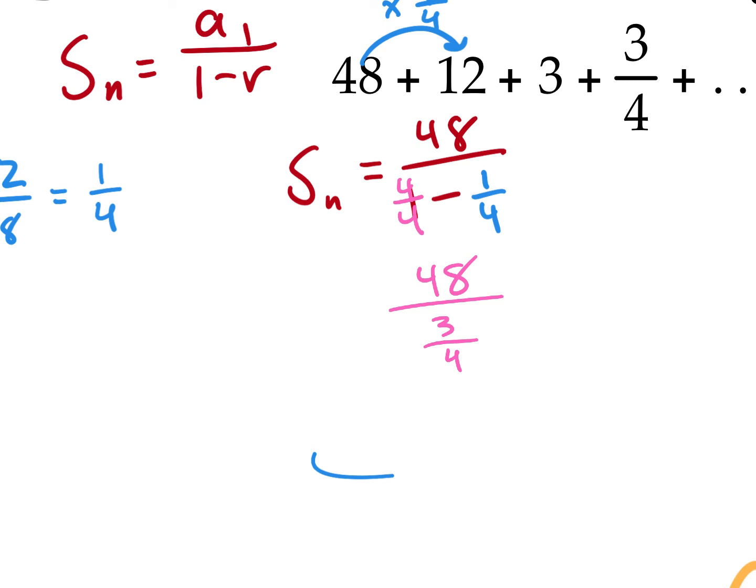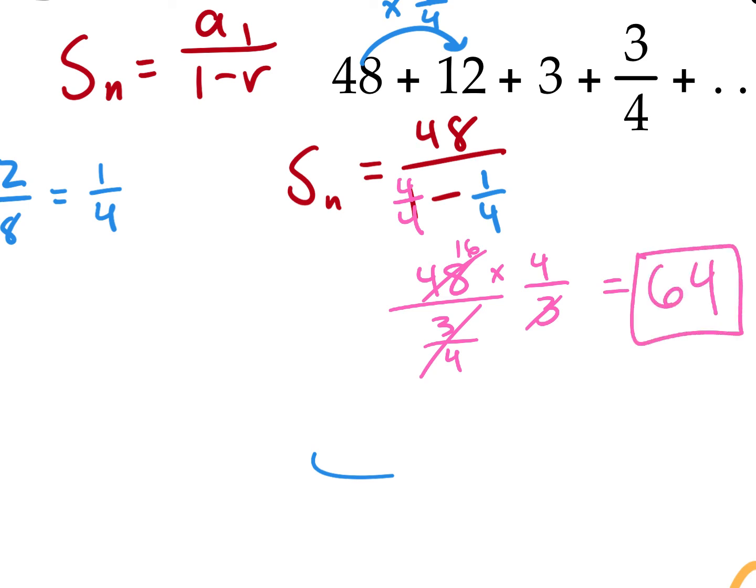What do I do if I have a fraction inside a fraction? Keep, change, flip. So we keep the top, change to multiplication, flip the bottom. 3 goes into 48 16 times, so this would be 16 times 4, which is 64. So that would be our sum.